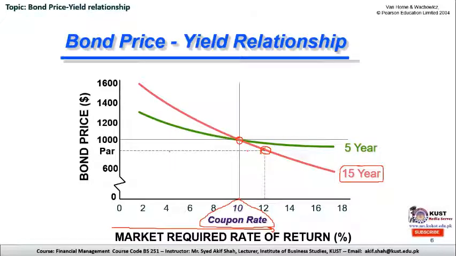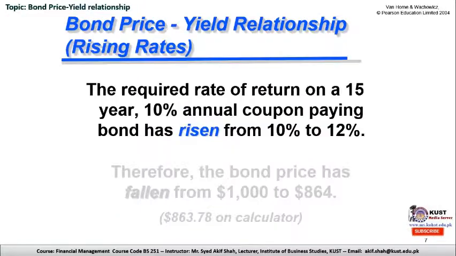And we can see that the previously $1,000 par bond price will reduce to a certain extent because of this change in the market required rate of return.